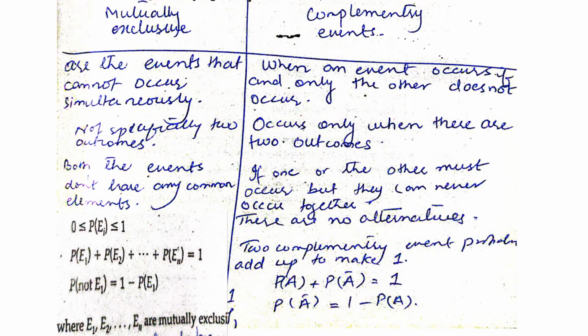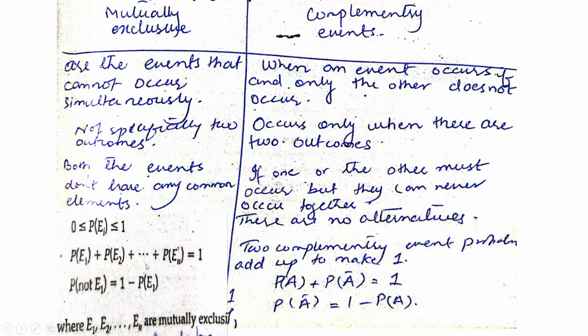But generally speaking, when we are using mutually exclusive events that are not related and cannot occur simultaneously, the probability would not have a negative value. It would always be between 0 and 1. The sum of all the mutually exclusive events would be equal to 1.